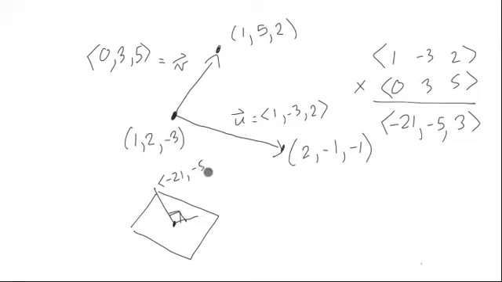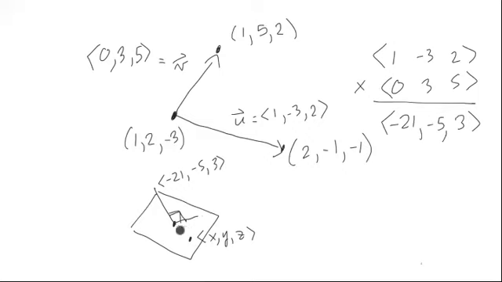-21, -5, 3. Now, to have the equation of a plane, we're going to have different coordinates that are represented. So if x, y, z is in the plane, how can we come up with a condition that guarantees that it is in the plane?